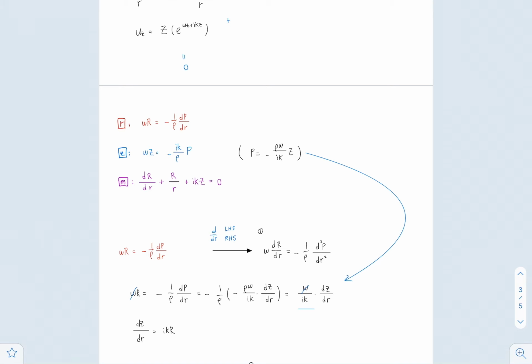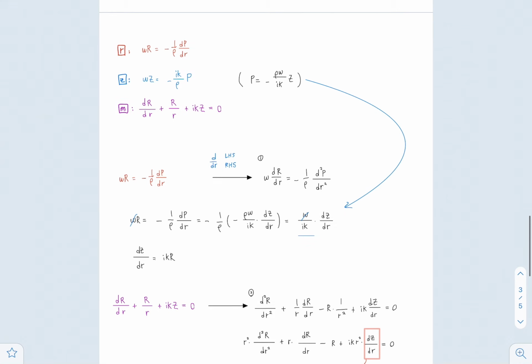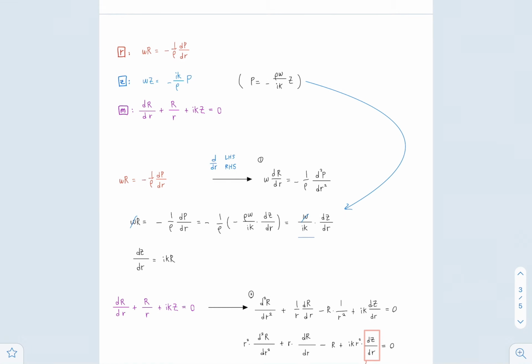Okay, so we get these two relationships. Number one, the relationship between d large R dr and the second derivative of p with respect to r, and secondly dz dr as a function of large R. And we can now plug these into our mass conservation, our continuity equation.